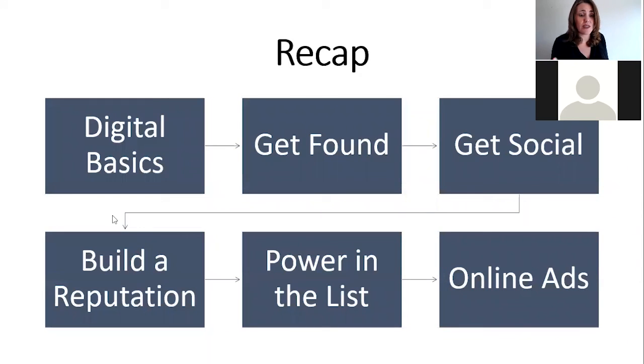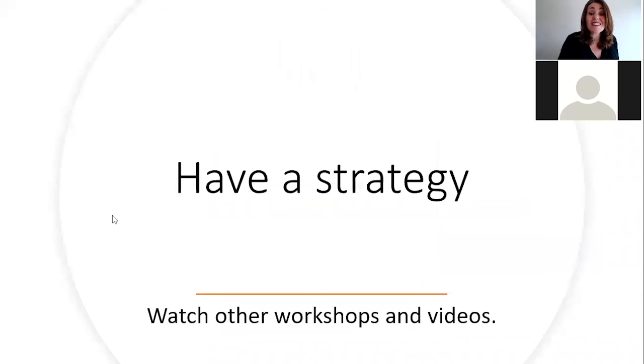So let's recap just a little bit. You have a couple things you need to understand about digital marketing and about the platforms themselves. And then you need to get found, get social, build a reputation, understand that there's really power in your list, and run some online ads. Now, that's a lot.